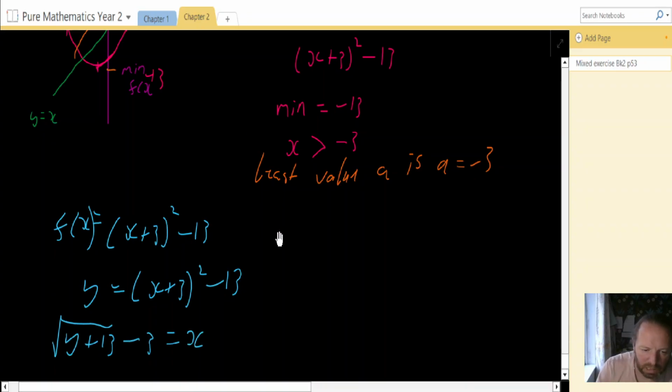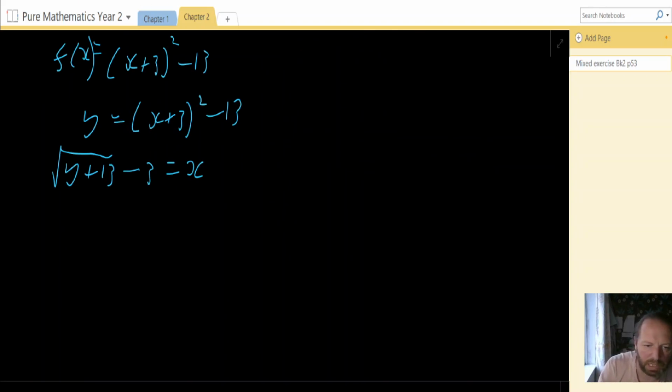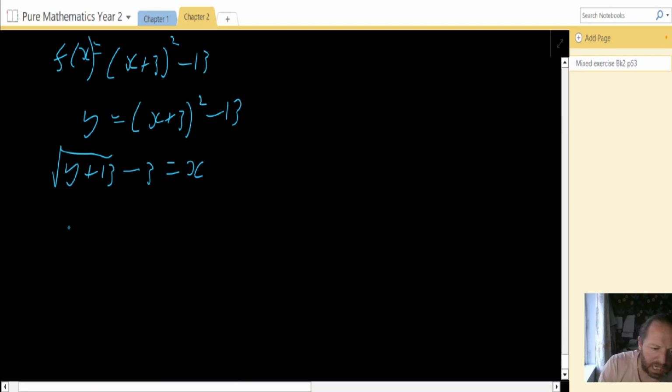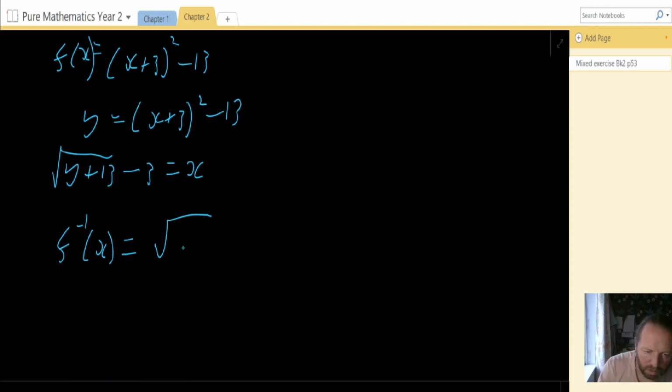And so, moving all of that across and doing the square root, we can say that f of minus 1 of x is equal to the square root of x plus 13, minus 3.